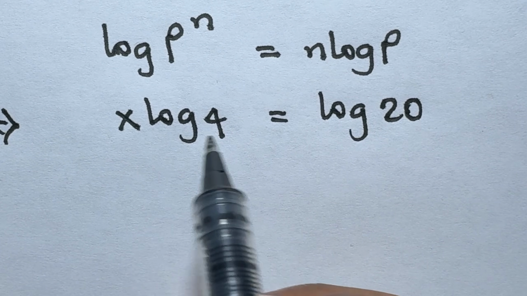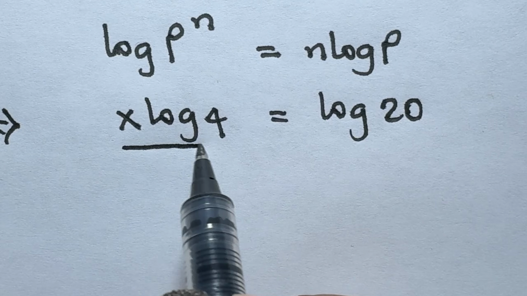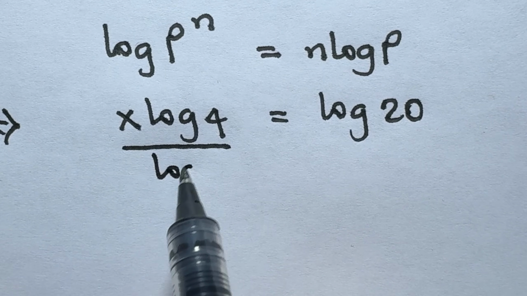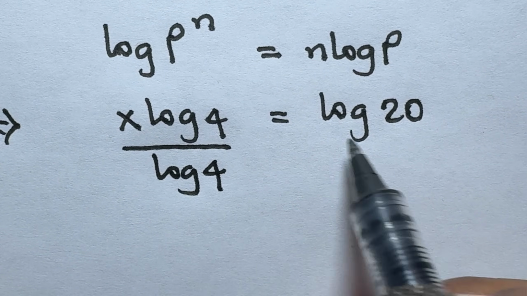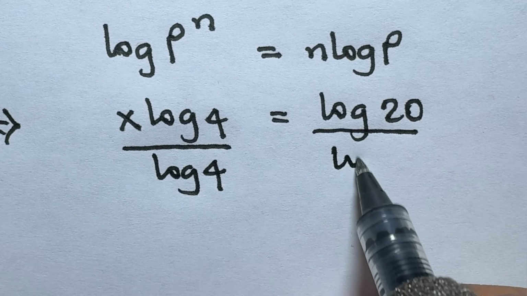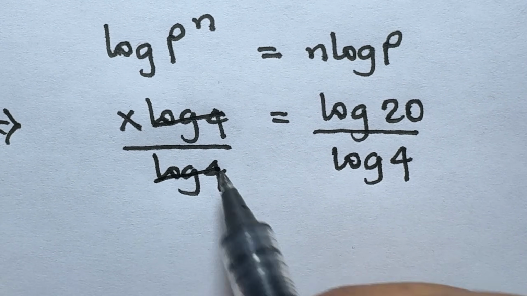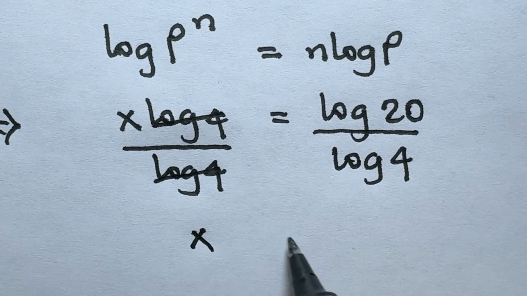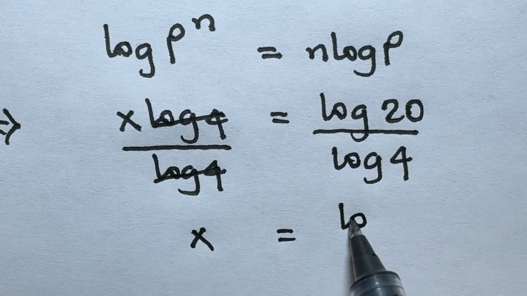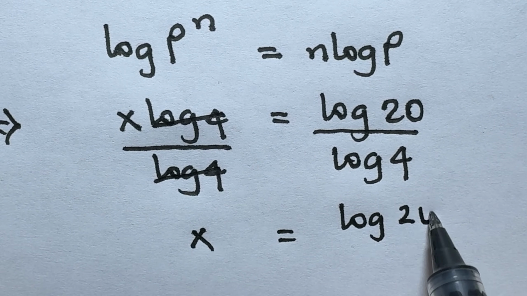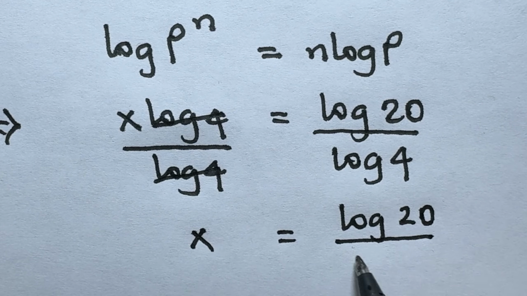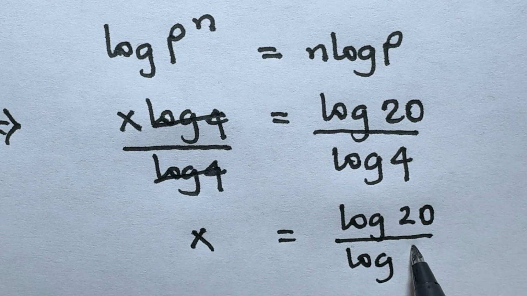I'm going to get rid of this logarithm by dividing both sides by log 4, so that this now takes care of this. We are left with x is equal to log 20 divided by log 4.